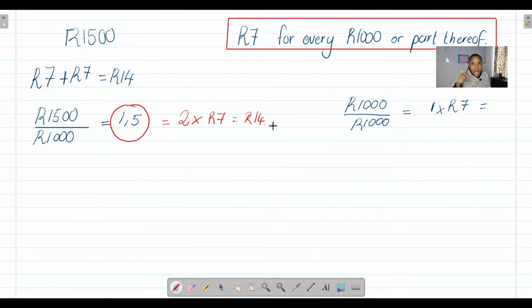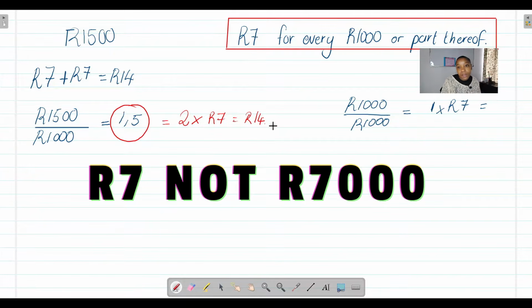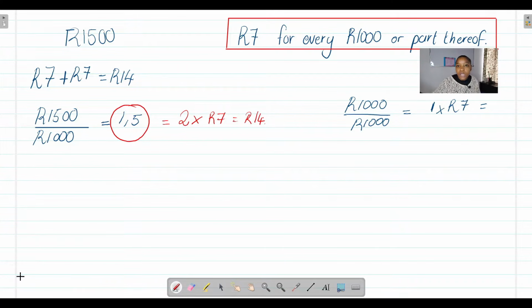For every additional part of 1,000 that you withdraw, you still get charged that 7. Even if you withdrew 1.2, you will still round it up and it will be 2 times 7. Or even if you withdrew 1.3, you will still round up and it will still be 2 times the 7.